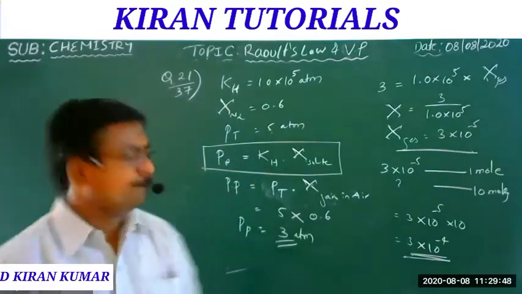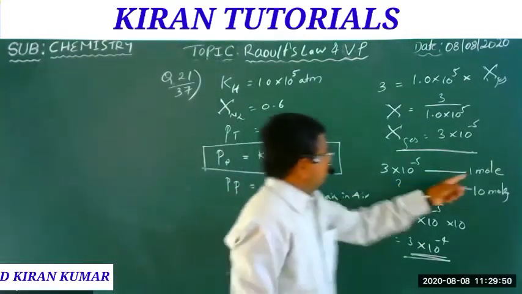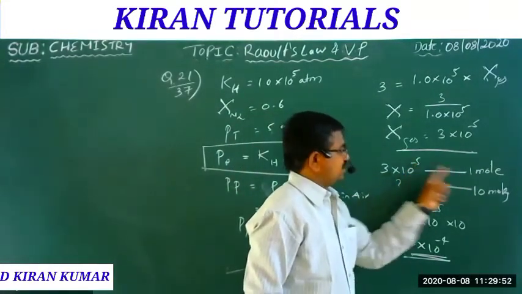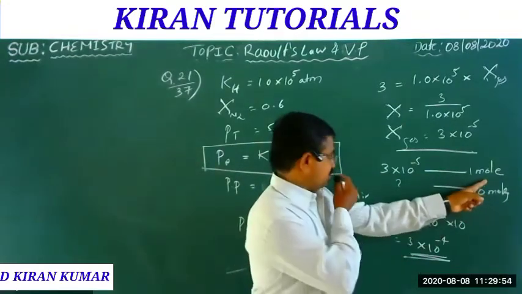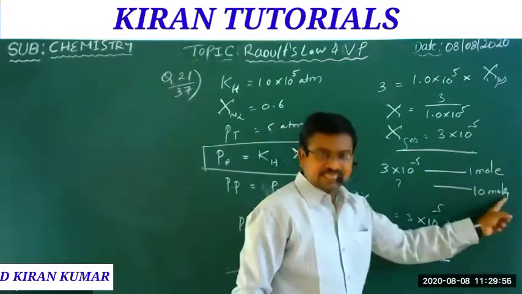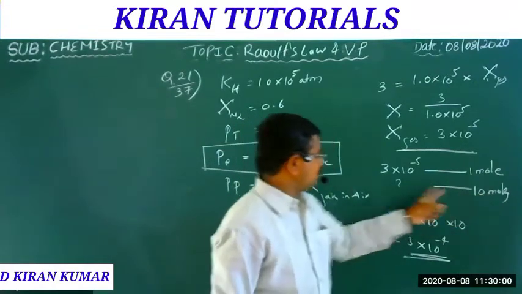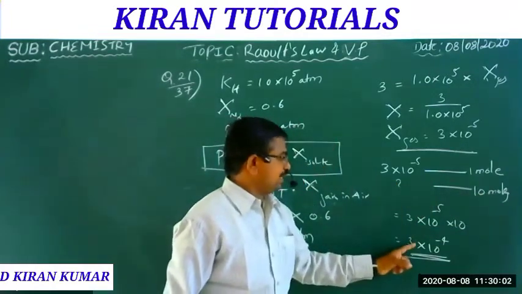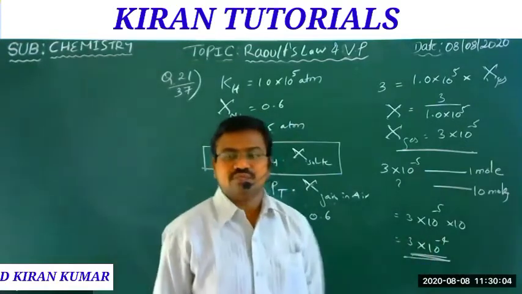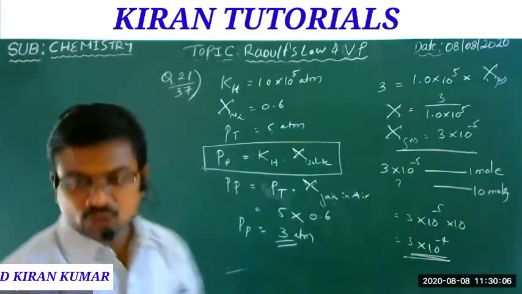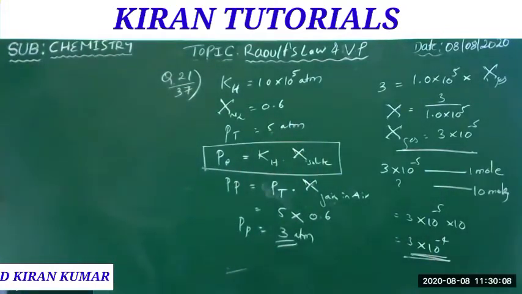Clear? 3 into 10 power minus 5 mole fraction contains 1 mole. Then 10 moles contain, because the question asks about 10 moles. Clear? That is the answer. Note it down fast. I think it is clear.